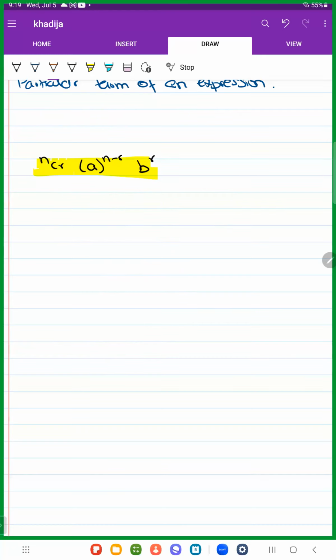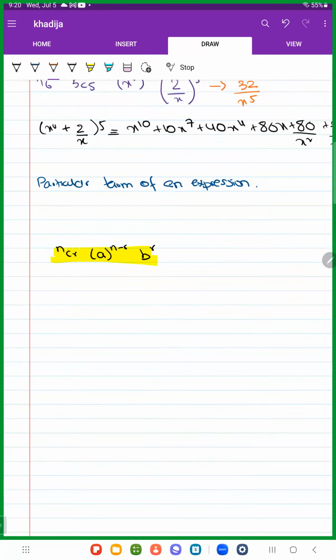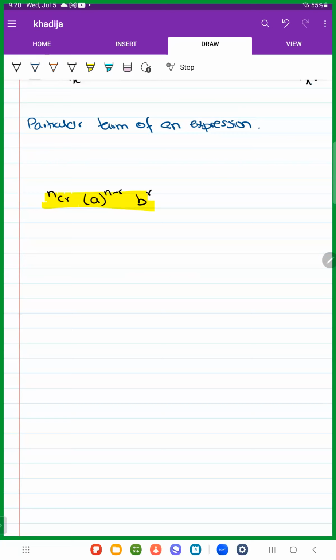Let's use the same question we were doing. So let's do x squared plus 2 upon x, all to the power 5. And I want you to find the term with x4.